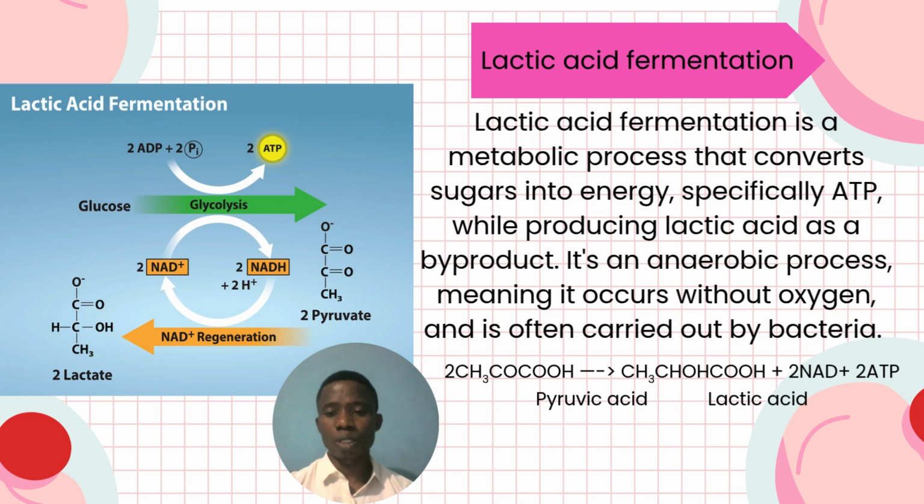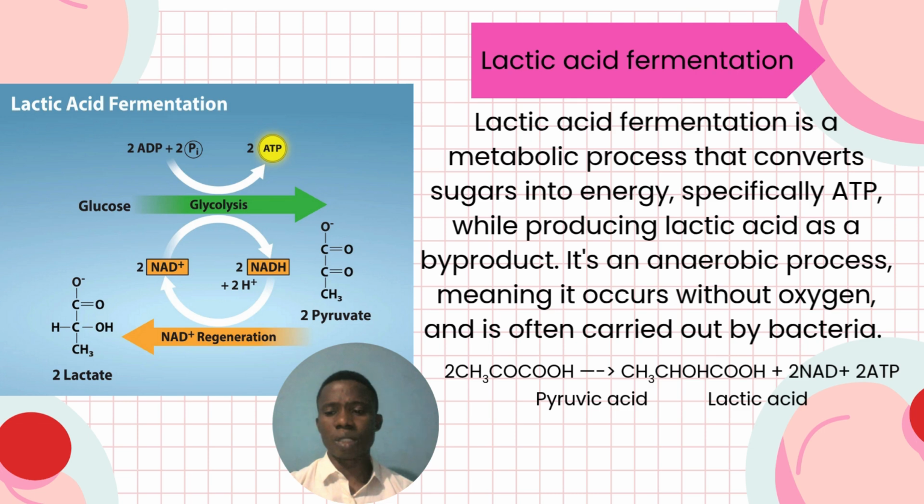The product we are going to get is 2 molecules of lactic acid, or lactate, which are formed. The importance is that the regeneration of NAD+ is crucial. Without it, glycolysis will stop and no ATP will be produced. Why does this happen?